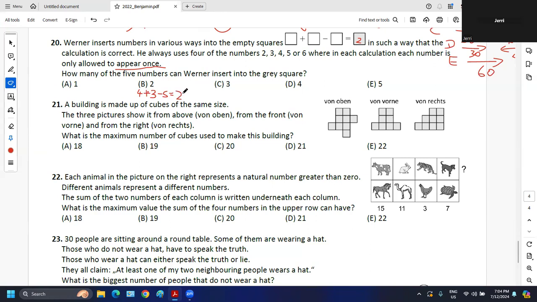So now let's see if we could put in 3. If it was 3, then we could use 5 plus 2, and then minus 4, that would be 3.